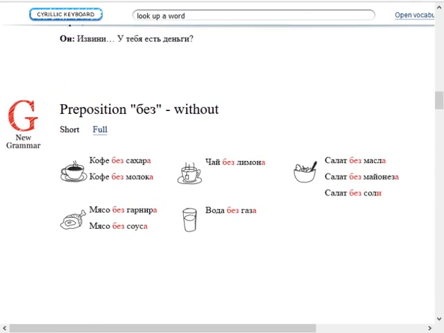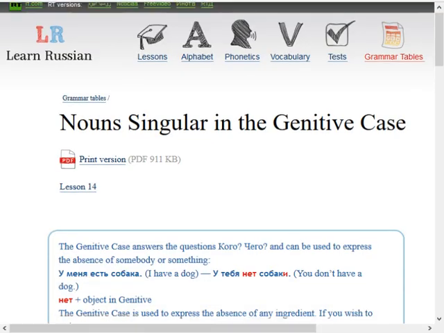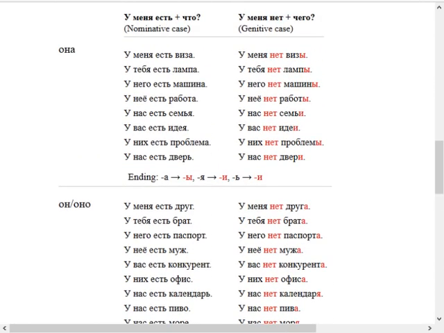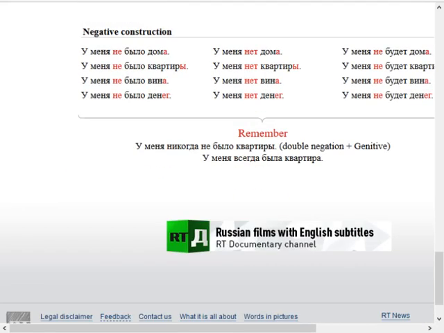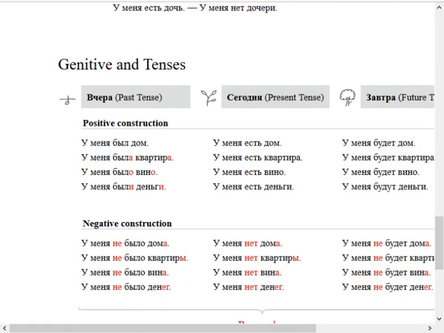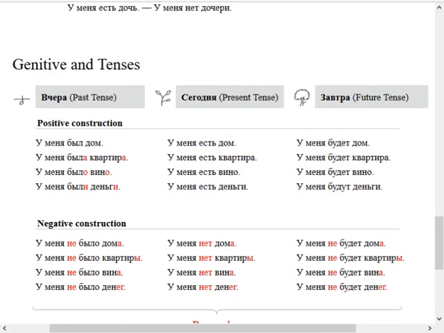Yes, of course, it changes if you use нет. If it's нет, then you have a different ending. That's right.